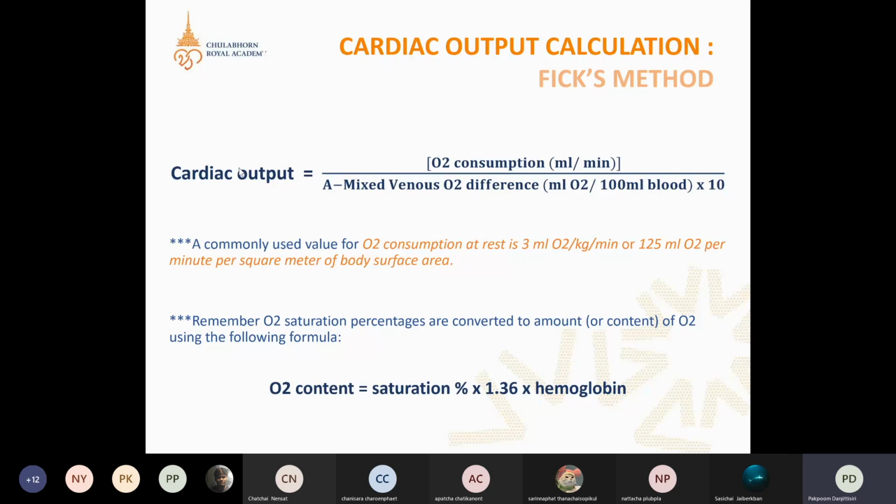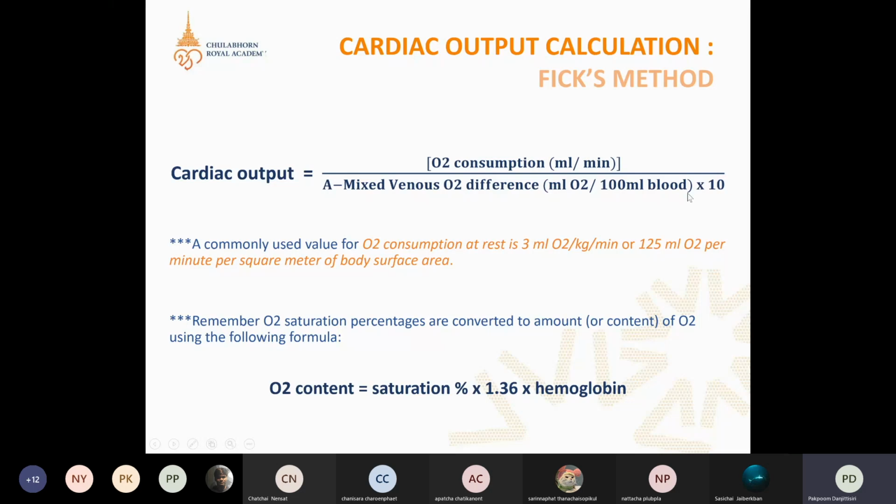So the cardiac output equals the oxygen consumption divided by the arteriovenous mixed venous oxygen difference, and then multiplied by 10.